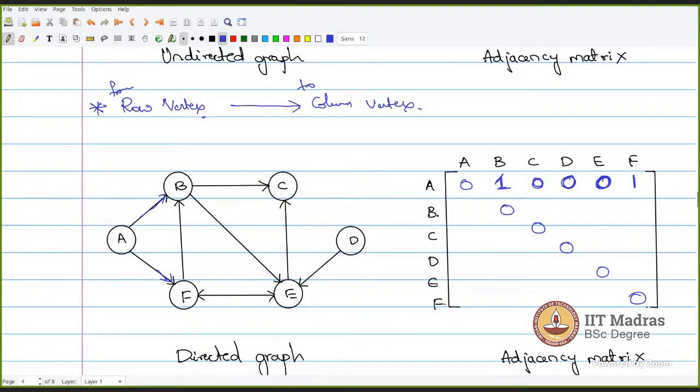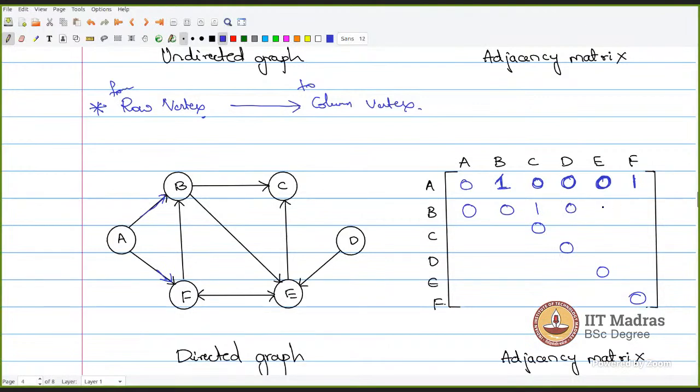Now see, is there an edge from B to A? No. So this entry is 0. Start from B. From B, is there a direct edge going to A? No. So this is 0. From B to C? Yes, there is a direct edge. From B to D?